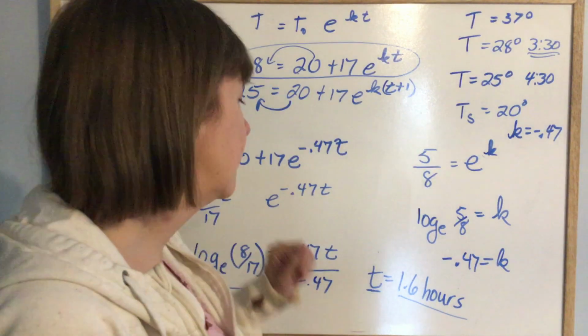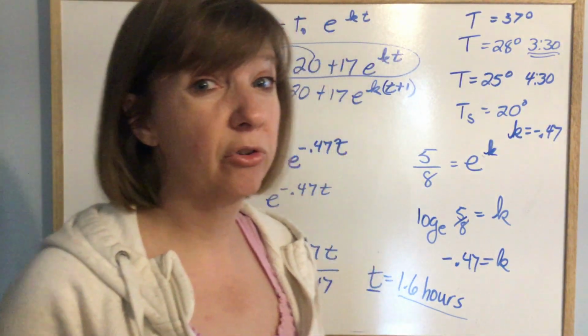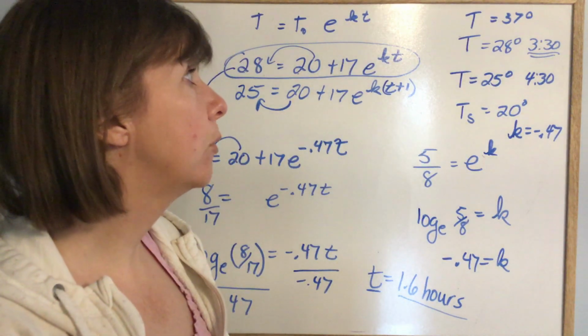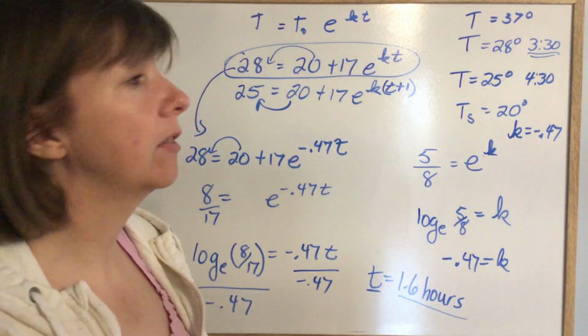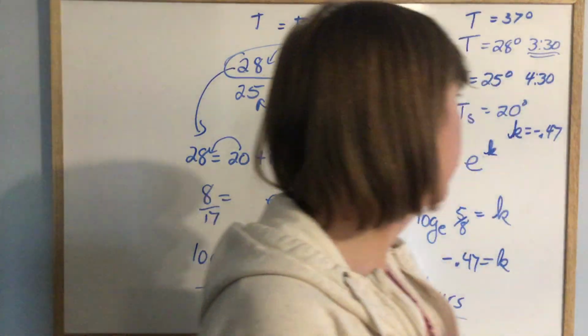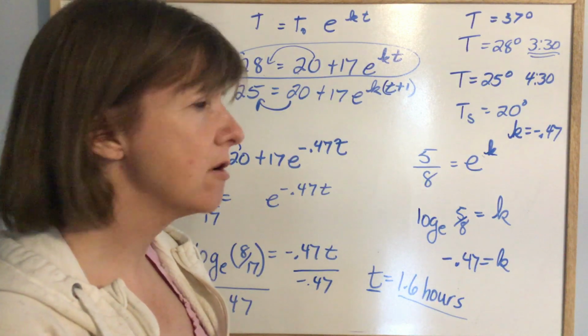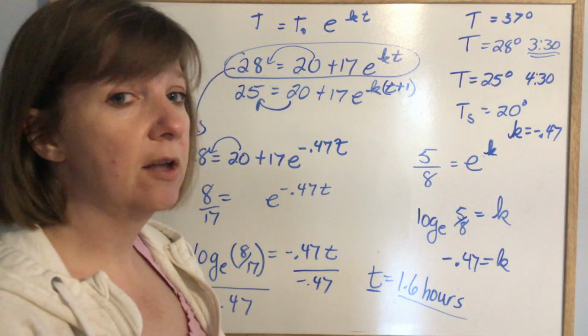So that means this guy has been dead 1.6 hours, so a little over 1.5 hours. So we can put his time of death at just around 2 o'clock, so 1.5 hours, not 1 hour, right around 2 o'clock in the afternoon.